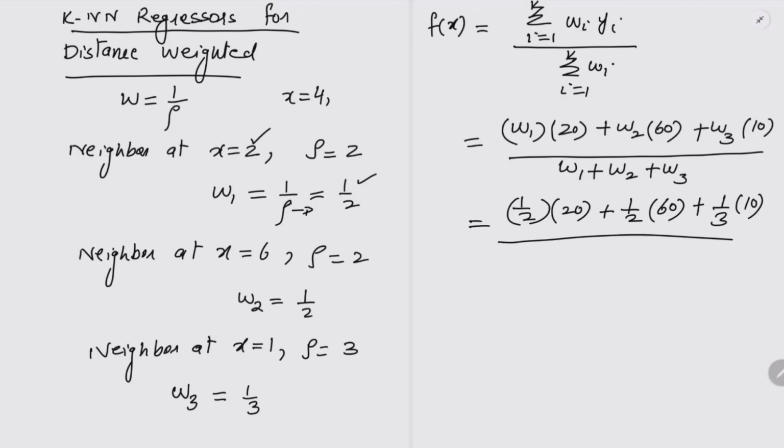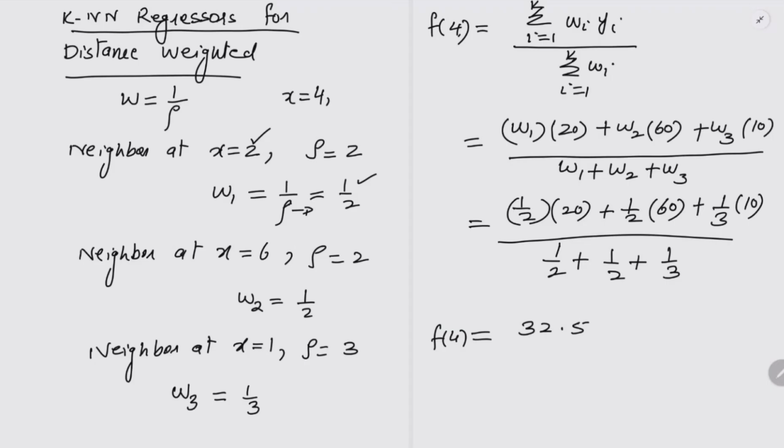So 1 by 2 plus 1 by 2 plus 1 by 3, and adding all these together, we get 38.5. Remember that this is the formula for when we have x equal to 4. So f of 4 has a prediction of 32.5.